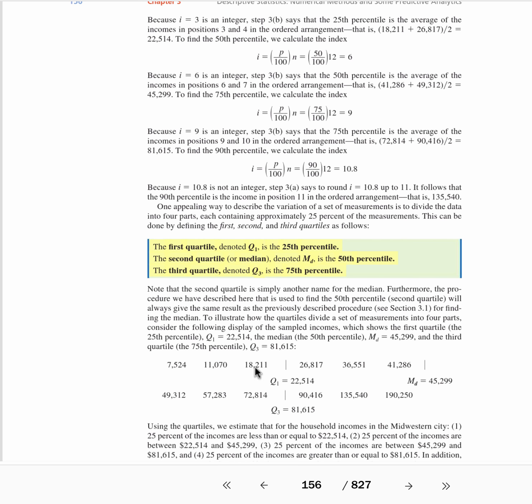The second one is the quartile that is located at the 25th percentile, and this is Q1, 22,514. Then you take the median, located at the 50th percentile, and then you take Q3, which is located at the 75th percentile, and the biggest number in your data will be considered the highest number, the 5th number.